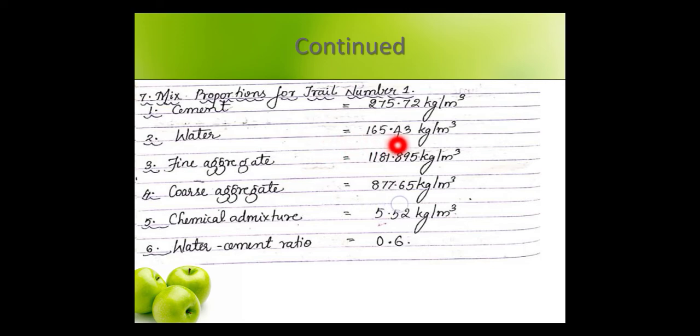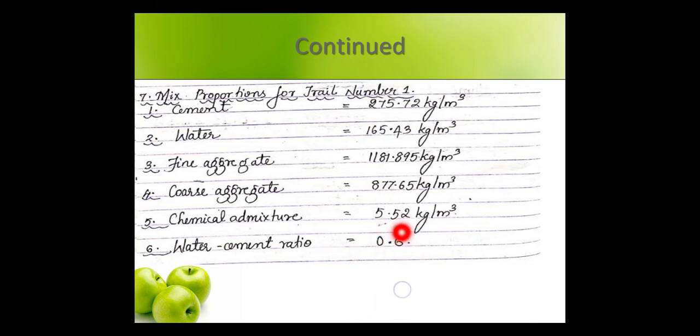Water, what is the quantity you have got, 165.43 kgs per meter cube. Fine aggregate, 1181.895 kgs per meter cube. Coarse aggregate, 875.65 kgs per meter cube. Chemical admixtures, 5.52 kgs per meter cube. Water cement ratio 0.6 we have got.